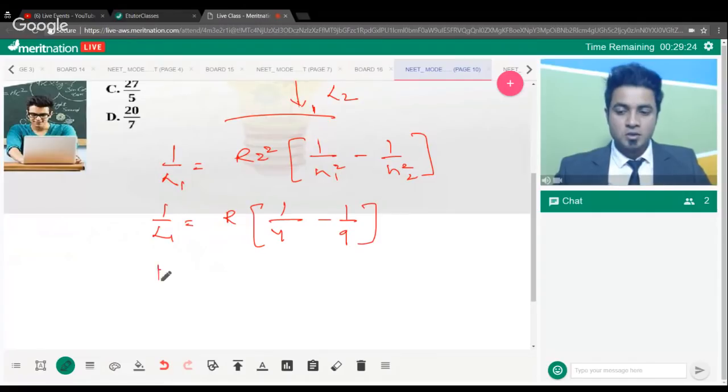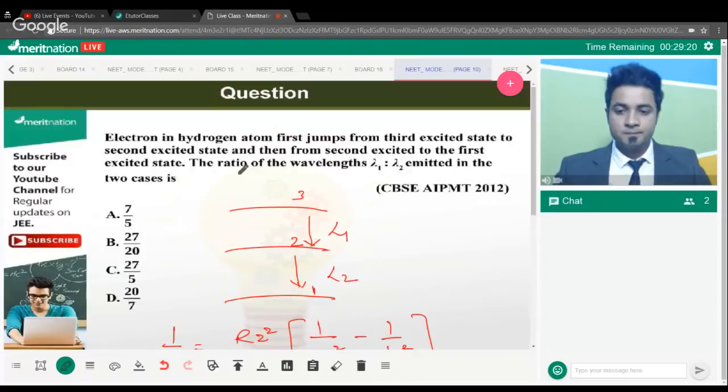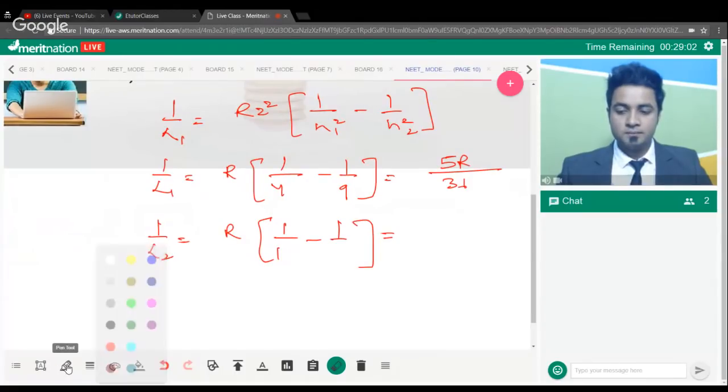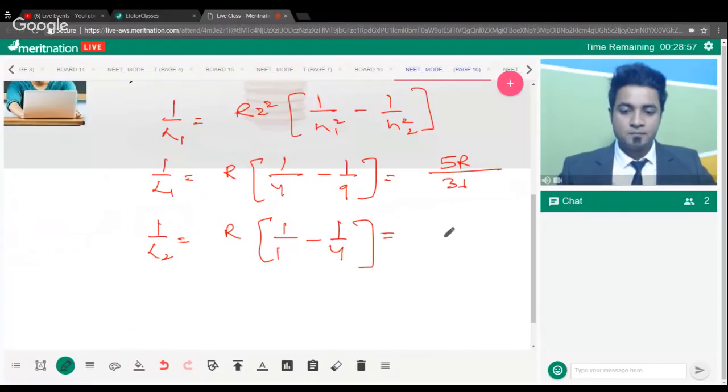It is coming out 36, 5R by 36. In this case, from second to the first, it has to be 4, and 3R by 4, right?